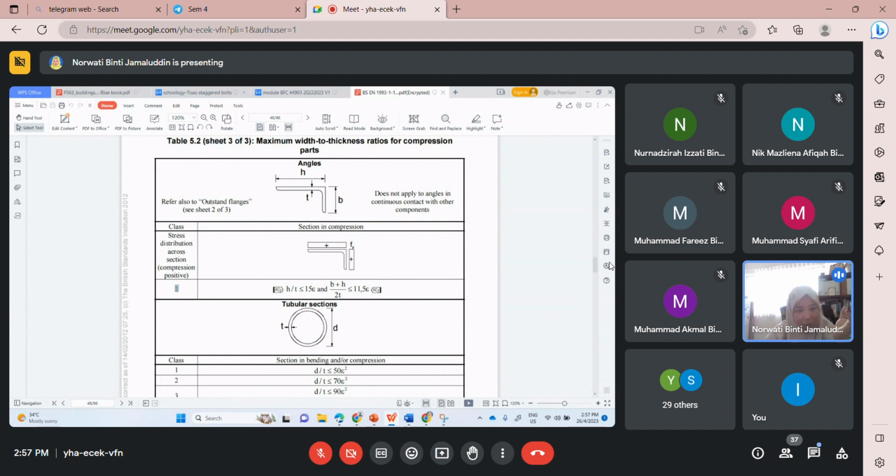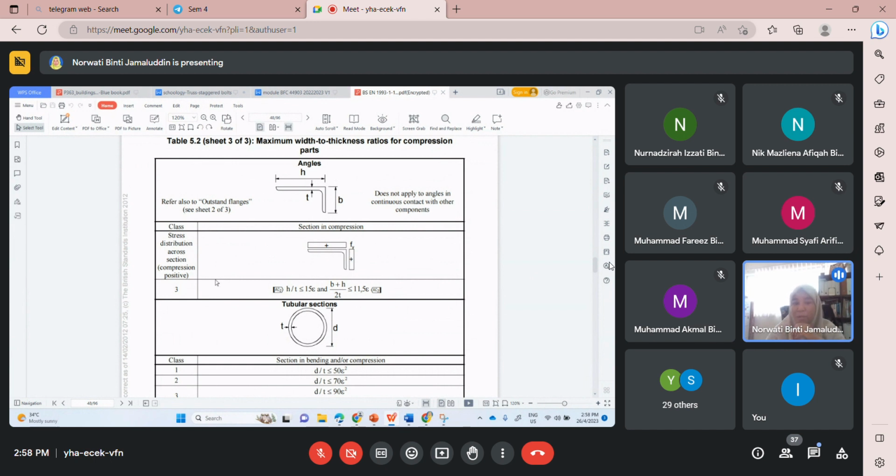We need to assess class 3 only, which means that if the result does not fulfil class 3, it is automatically classified as class 4. It is not significant for us to determine whether it is class 1 or class 2. Just fulfil class 3, that's all.